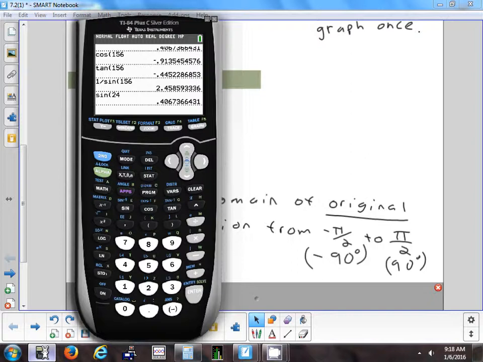Okay, try it. Try inverse sine of 0.6. That number is between negative 90 and 90. Let's try a second inverse sine of 0.89.